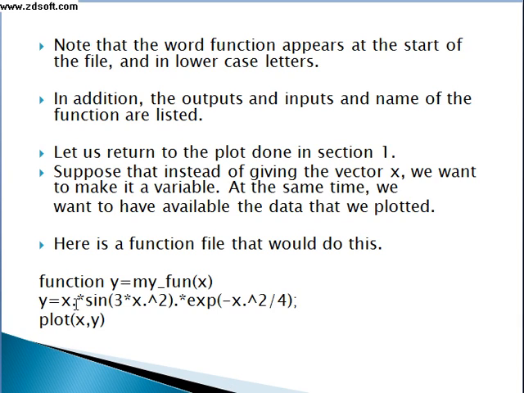I am starting my code with the word function with a small f. Output will be y, so I am writing y in place of output, equal to the file name, that is myfunc, and in the bracket I am writing the input, that is x. In the next line I am defining my variable y with respect to x, and at the end plot x comma y.